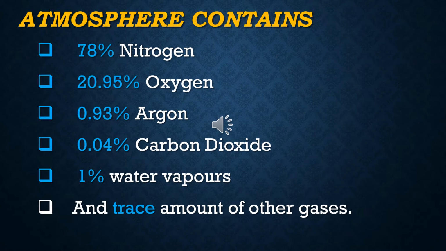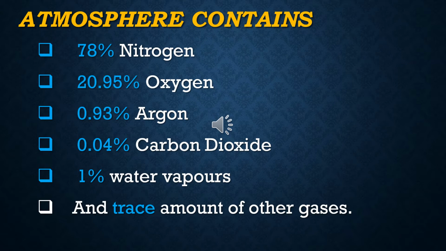So in these gases, we are saying that a layer of gases is around the Earth. Actually, which kind of gases are there in the air? Atmosphere contains percentages of different gases.